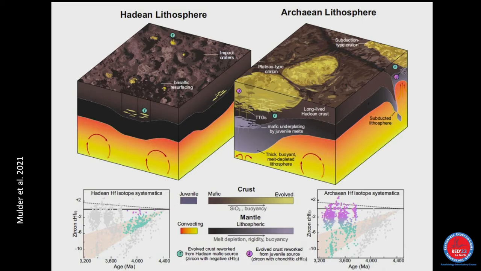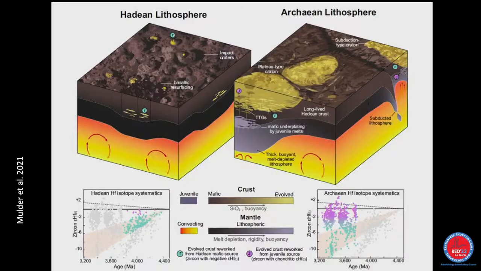Okay, now we jump from Hadean to Archean time. And we have some really very interesting environments. The first one is subduction. The Hadean crust is recycled here, it's consumed. And we also have a lot of mafic melt extracted within this area. This is juvenile melt.